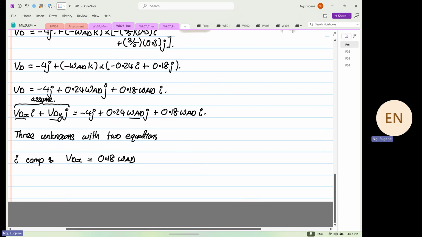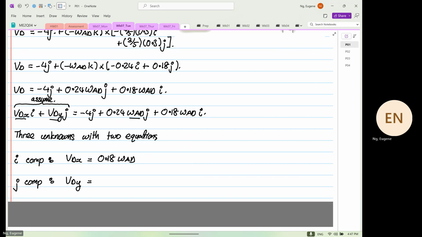And in terms of J component, we have VDY is equal to minus 4 plus 0.24 omega AD. Okay, so we still need another equation.